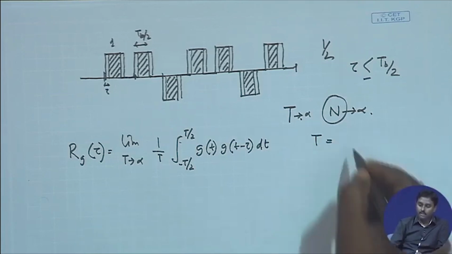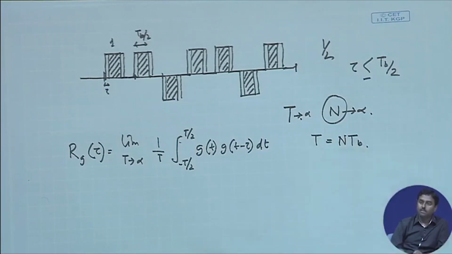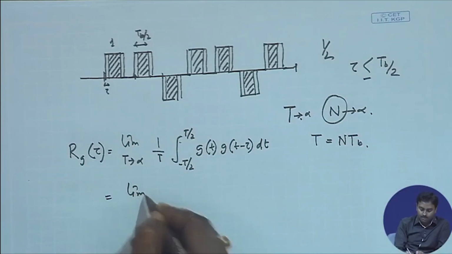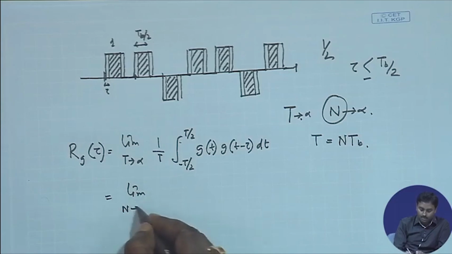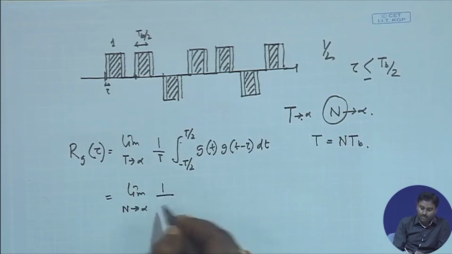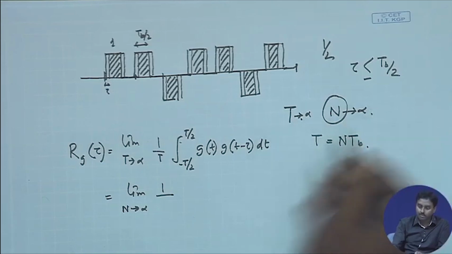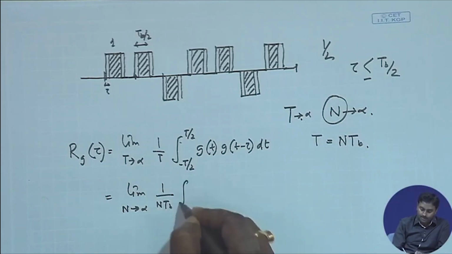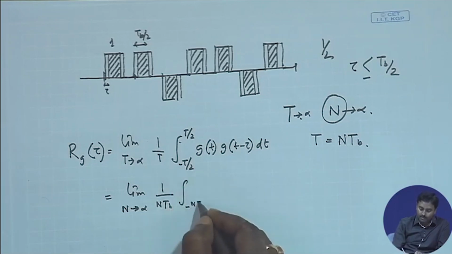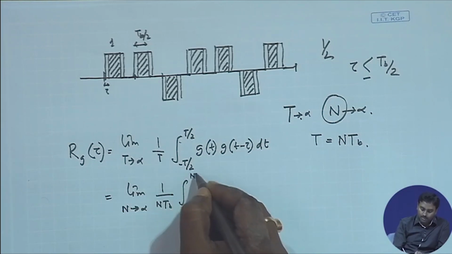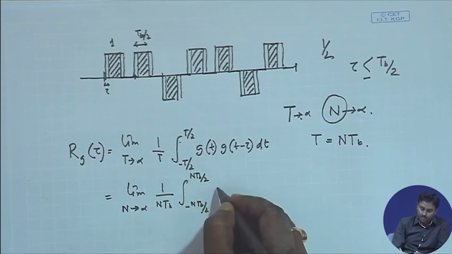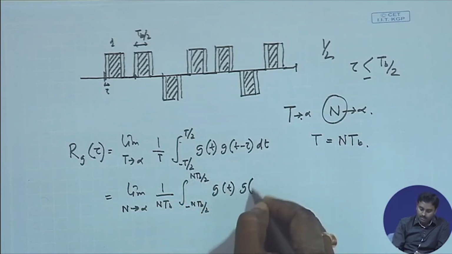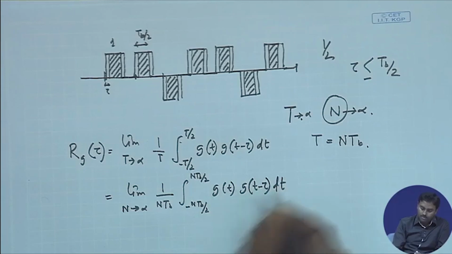T is n into Tb, because there are exactly n number of pulses. So I can rewrite this as limit n tends to infinity 1 by n Tb, integration from minus n Tb by 2 to plus n Tb by 2, g(t) g(t minus tau) dt.